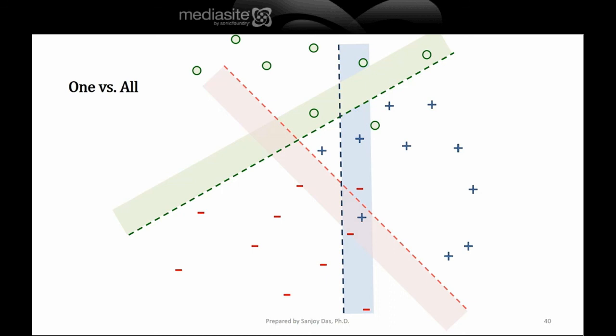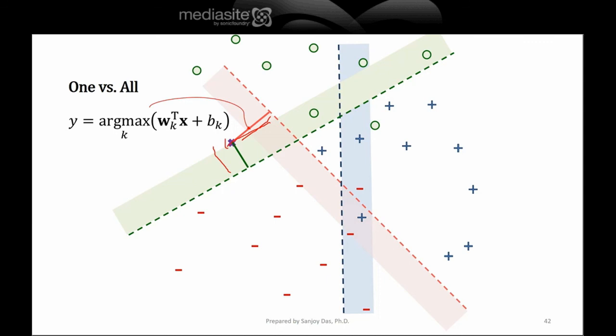Let's see how. So here is a point, this purple X. We're not sure which class it belongs to. Well, we can see that it's definitely not blue because it's on the wrong side of the blue hyperplane. It's on the non-blue side. But which class does it really belong to? Now, this is the red hyperplane. It's on the safe side of the red hyperplane, and it's on the safe side of the green hyperplane, but it's further away from the red hyperplane.